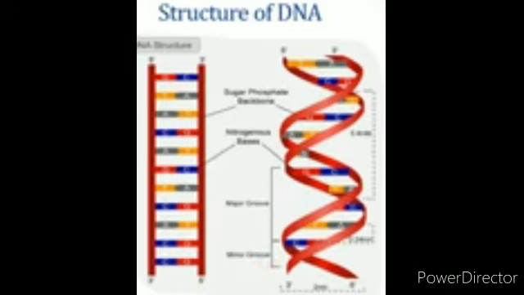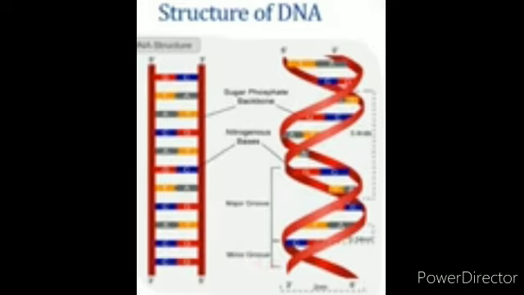Now we will discuss the structure of DNA. It is a double-stranded structure. Double-stranded means it contains two polynucleotide chains, spirally arranged.